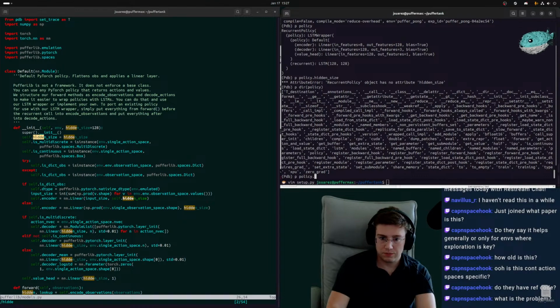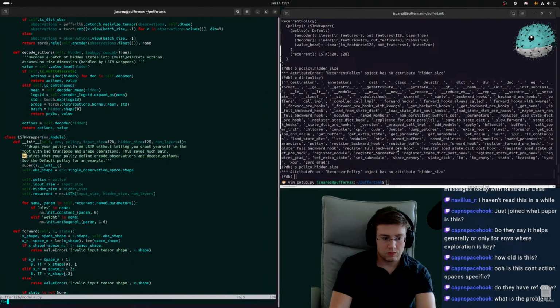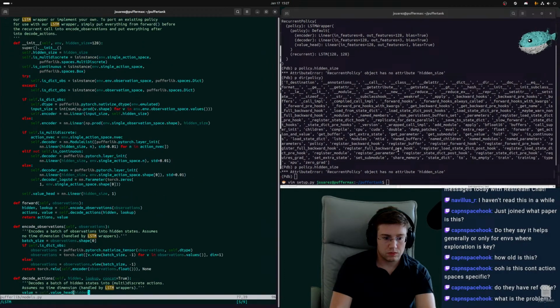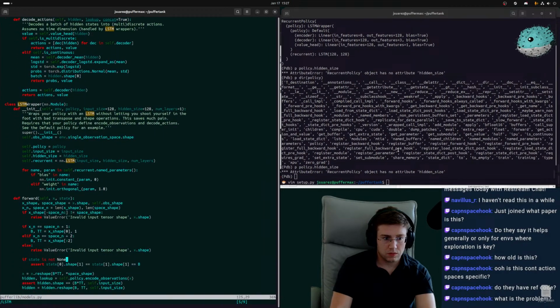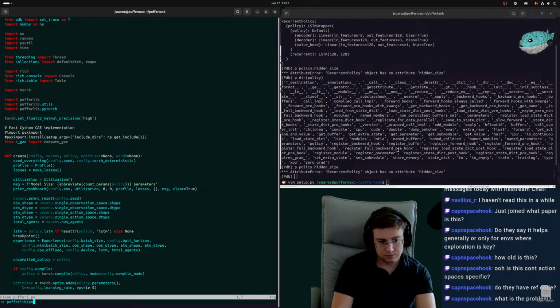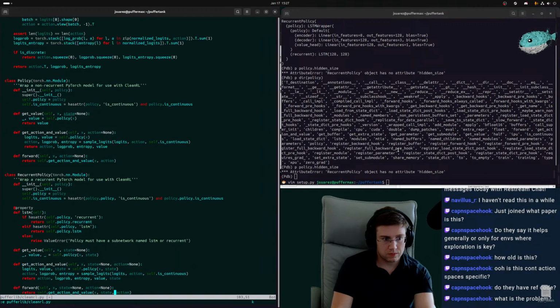In size? So this has it. I didn't know the hidden size.